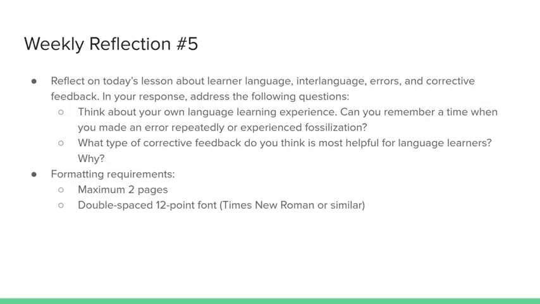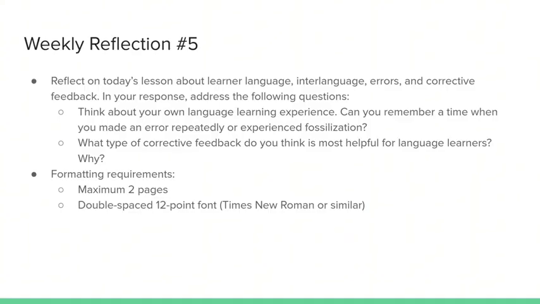Okay, so now I have the last weekly reflection for you. This time, we are going to come back to this week's learning of learner language, interlanguage errors, and corrective feedback. You can choose either one or both, as you have been doing. Think about your own language learning experience. Can you remember a time when you made an error repeatedly and experienced fossilization? In your own language, your L1 or L2, it does not matter.